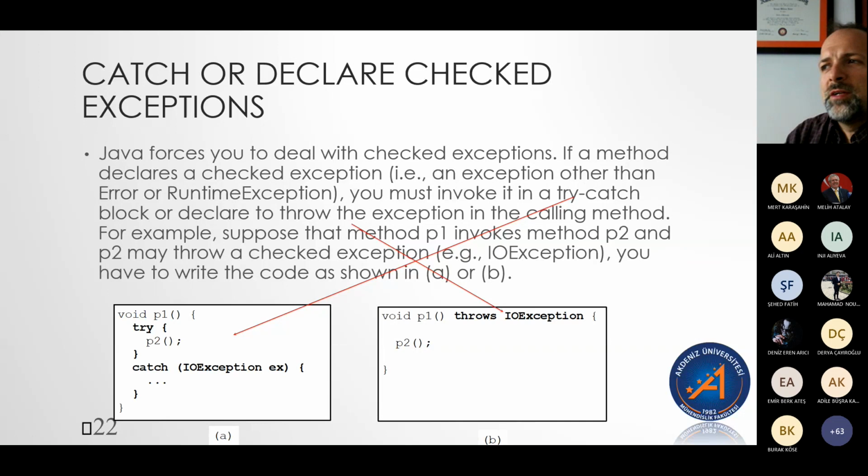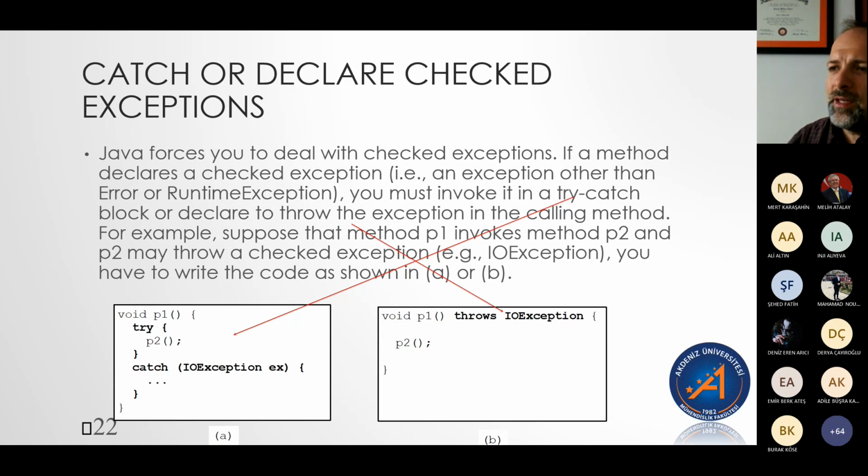It could be IOException, it could be FileNotFoundException. This comes back to what we talked about last semester when we talked about reading from a file. If you use the File class to read from a file, the compiler knows there could be an exception if the file is not found.